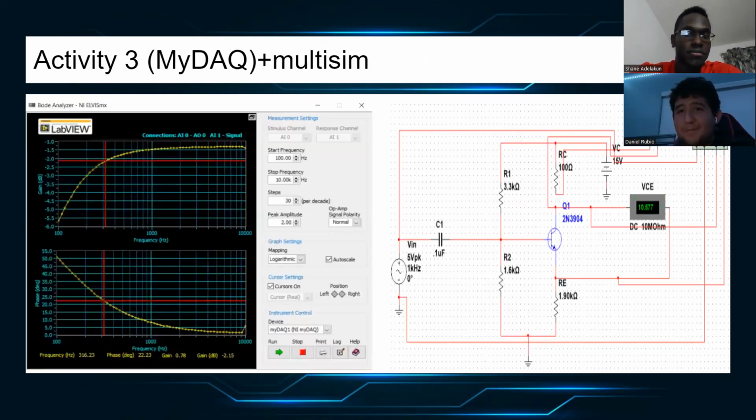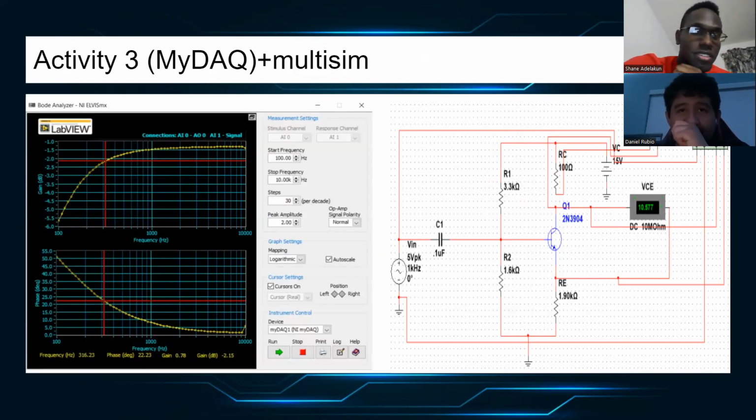This is my doc and our Multisim. Our doc to the left and Multisim to the right. As you can see, as in activity 2, as Daniel mentioned, it looks similar, but not exactly. On the left side, using my doc, you see our frequency in hertz.